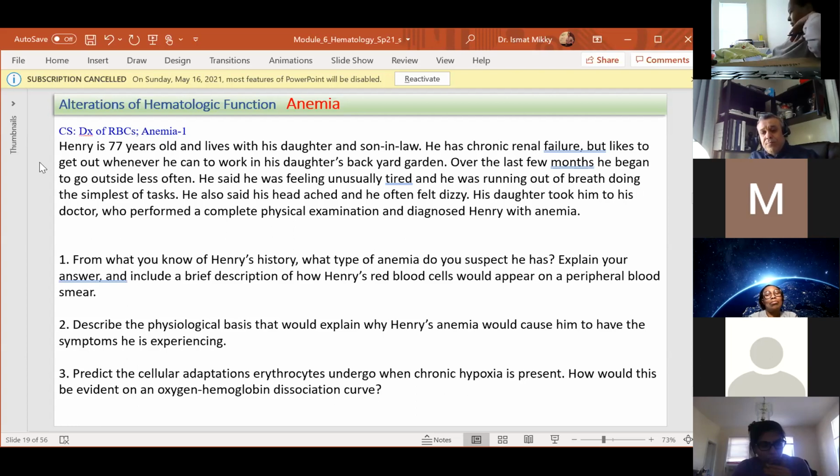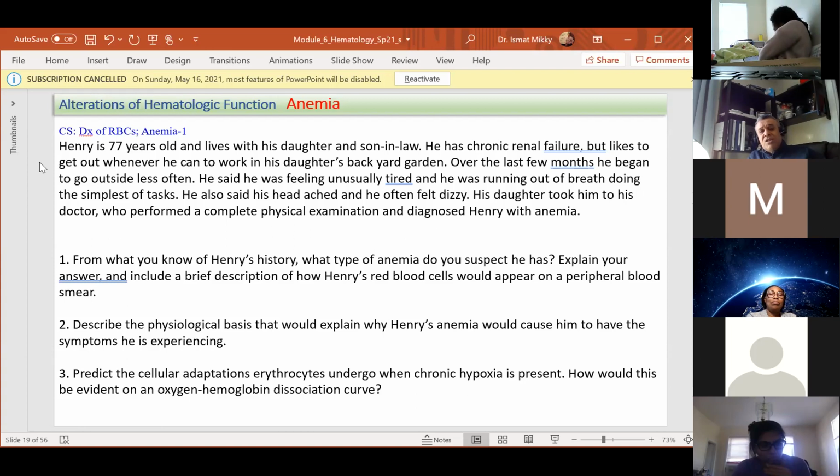Because the red blood cells are not being produced enough. Okay. So chronic disease anemia involves a decrease in circulating red blood cells and oxygen carrying capacity of the blood, which means reduced oxygenation to the cells.